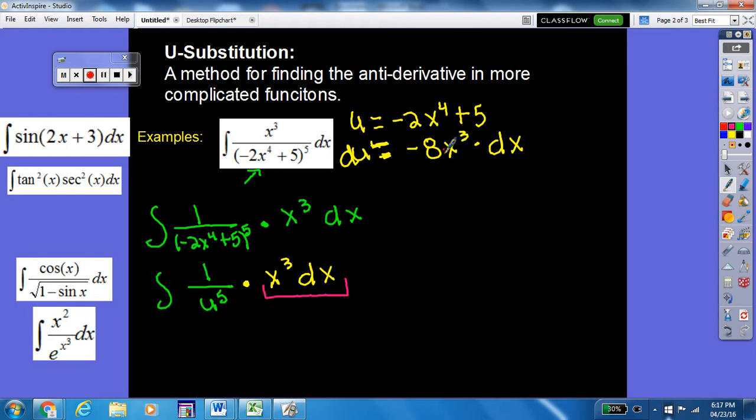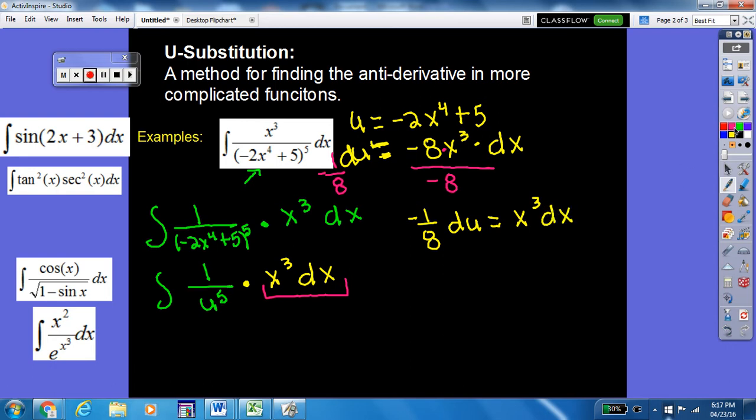But since it's really just that negative 8 that's an issue, we can go ahead and divide by it on both sides. It's the same thing as multiplying by negative 1/8. And what I'll notice here is that I get negative 1/8 du, but I have exactly the match I need on the right-hand side. I have an x cubed dx.